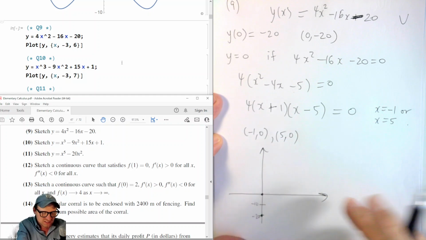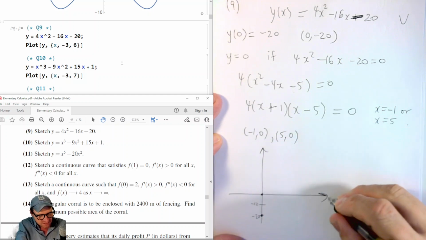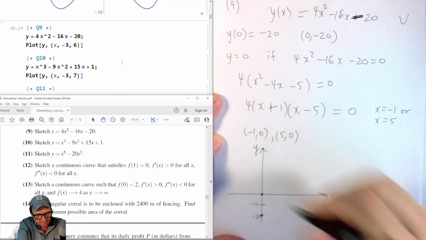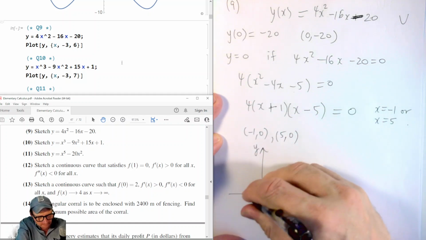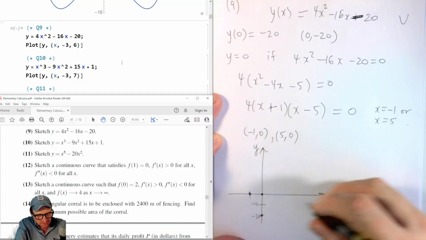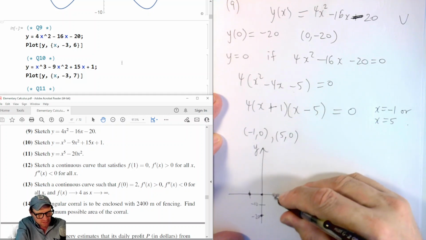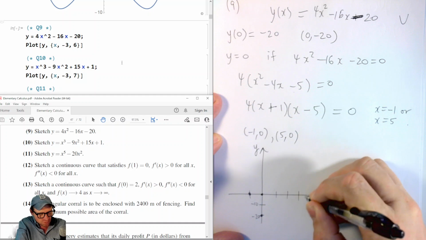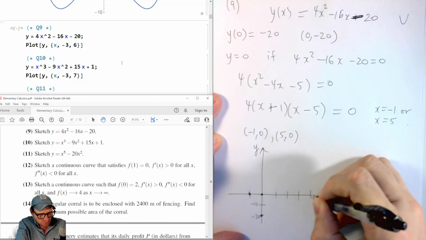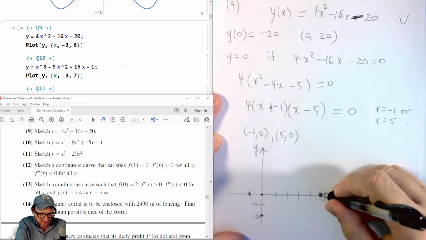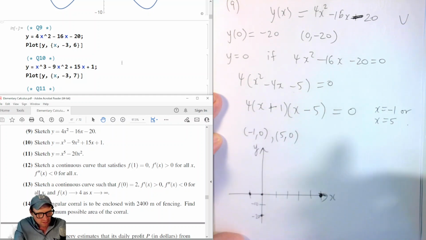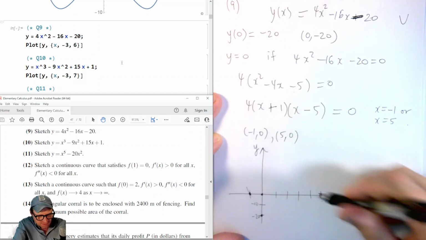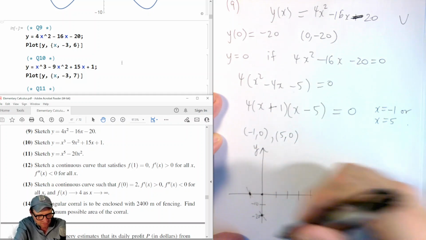Now we can do a different scaling on the x-axis. So -1, let's put that there. Then 2, 3, 4, no, that's 3, 4, 5. So 5 would be here. Now this is a smiley face, so we've got something like this passing through here.